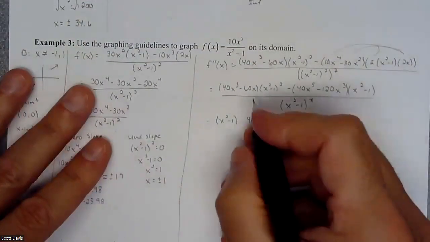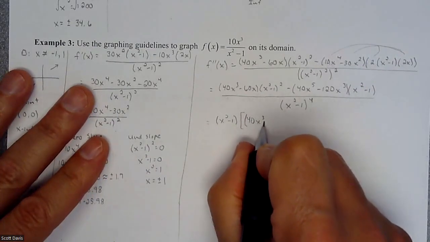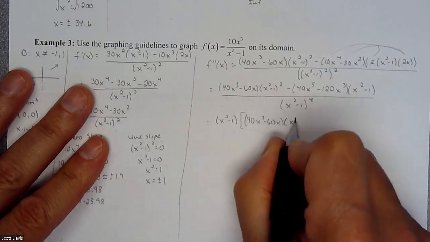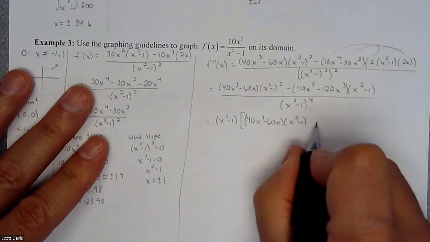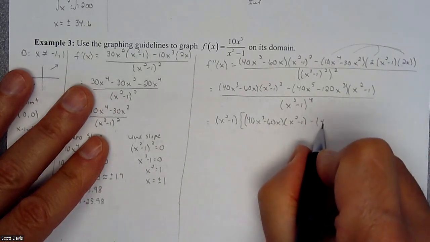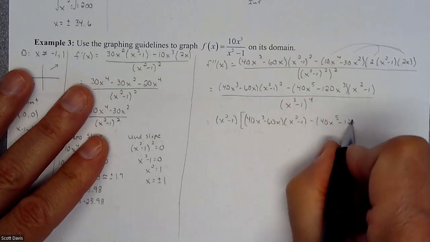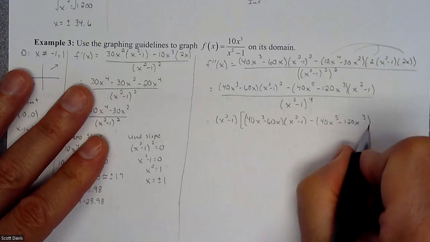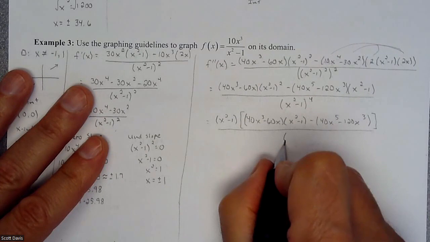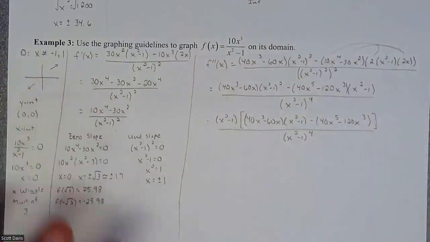put a bracket here. 40x to the third minus 60x times only one of these x squared minus 1s now, minus, that's going to be gone entirely. So just 40x to the fifth minus 120x to the third over x squared minus 1, but 4 of them.